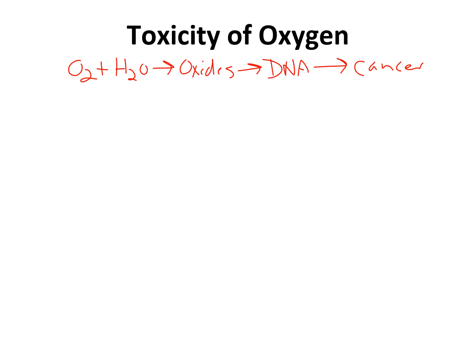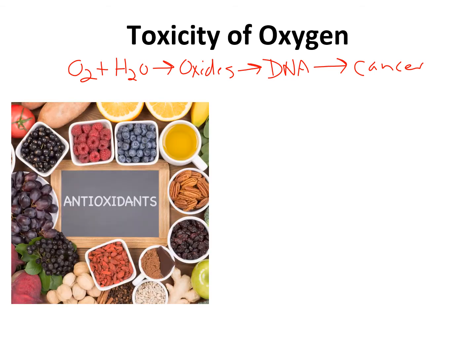And so in order to protect ourselves from cancer, it has become very popular to talk about something that we should be eating and drinking, and those are antioxidants. The reason those are so popular now is because those antioxidants are able to neutralize the oxides, which will protect our DNA from being mutated and hopefully prevent cancer.